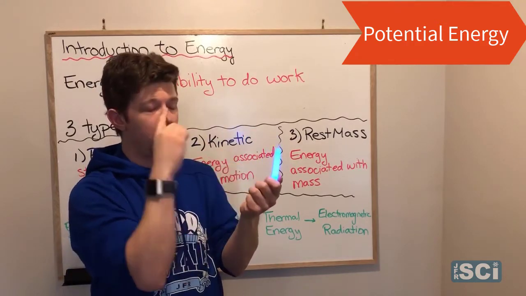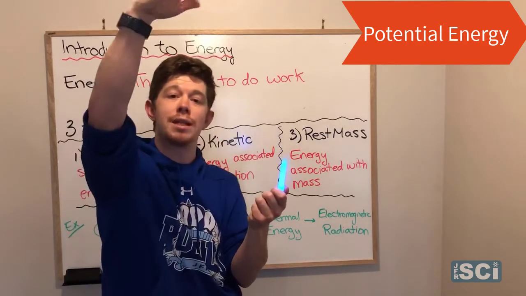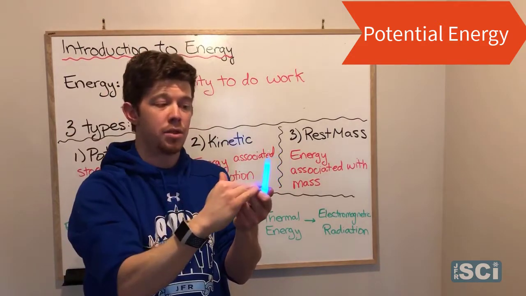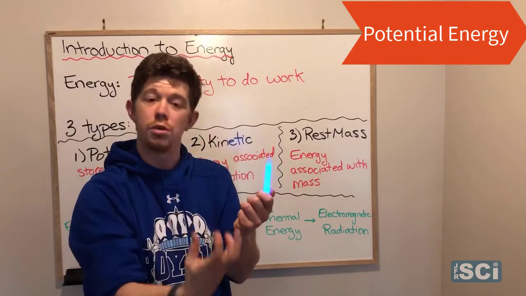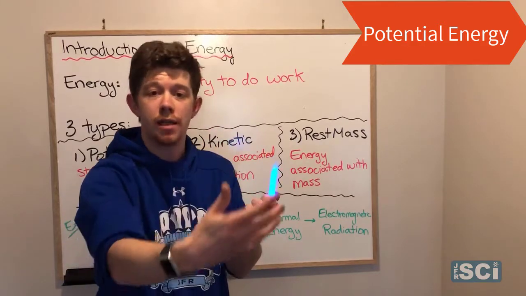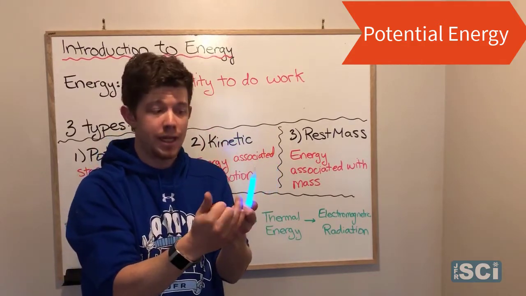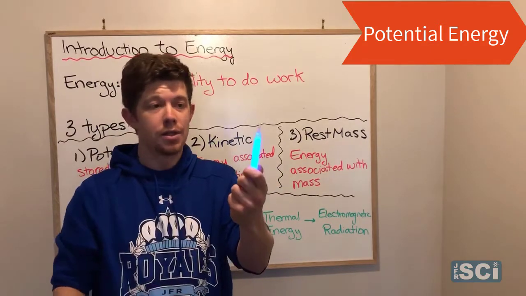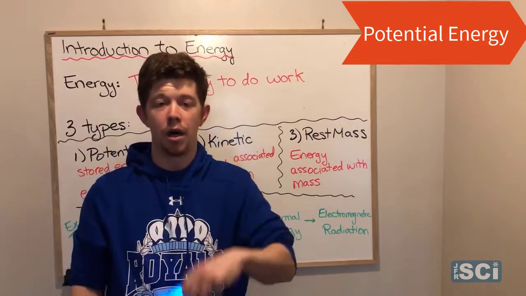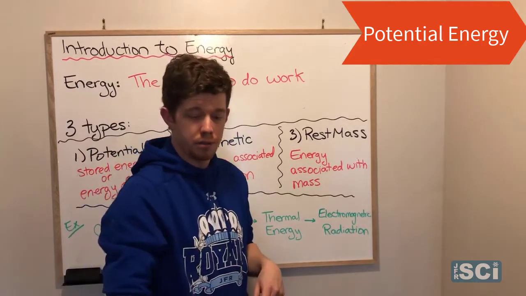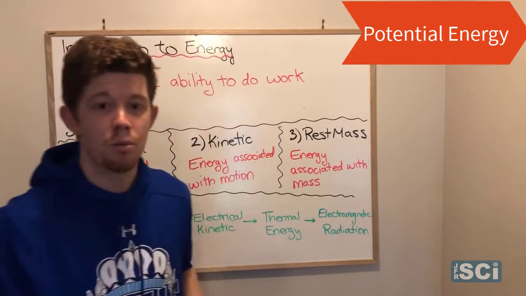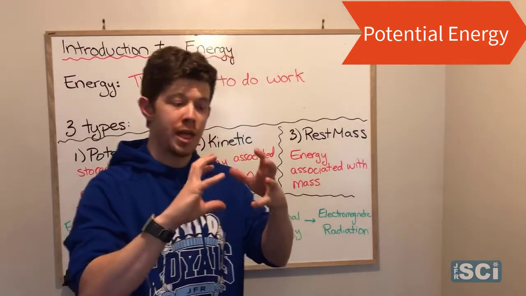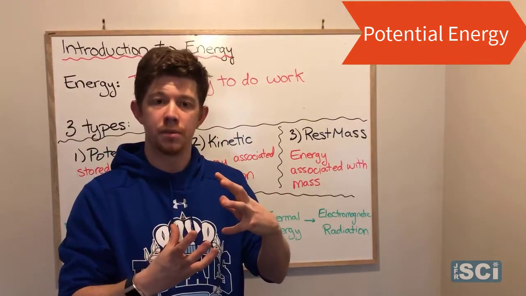This unstable molecule has the electrons go up into an excited state, and as the electrons come back down to their ground state or lowest energy, they release this energy in the form of light. Now this energy is picked up by a dye, and you see it as this glowing on the glow stick. Okay, and so we call that chemical energy. So it's energy stored in bonds of molecules.